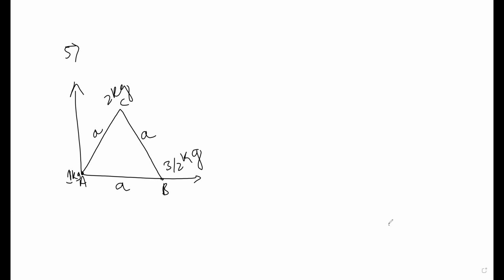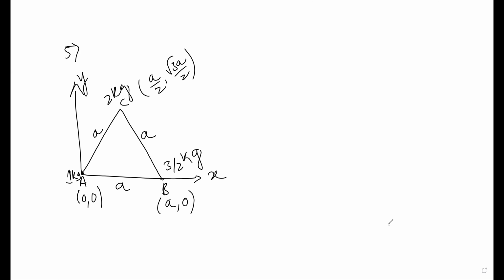The vertices are: A at 0, 0; B at a, 0; and C at a divided by 2, root 3 a divided by 2. This is the y-axis and this is the x-axis.